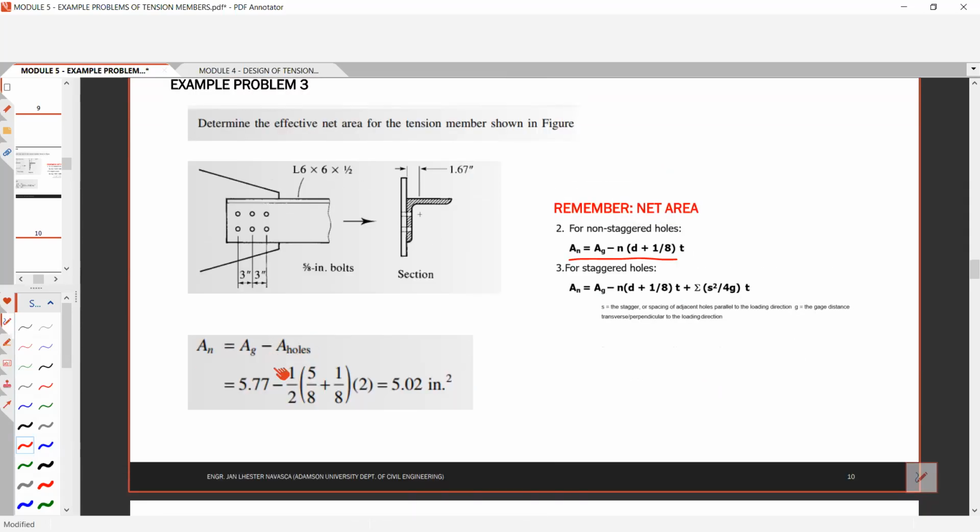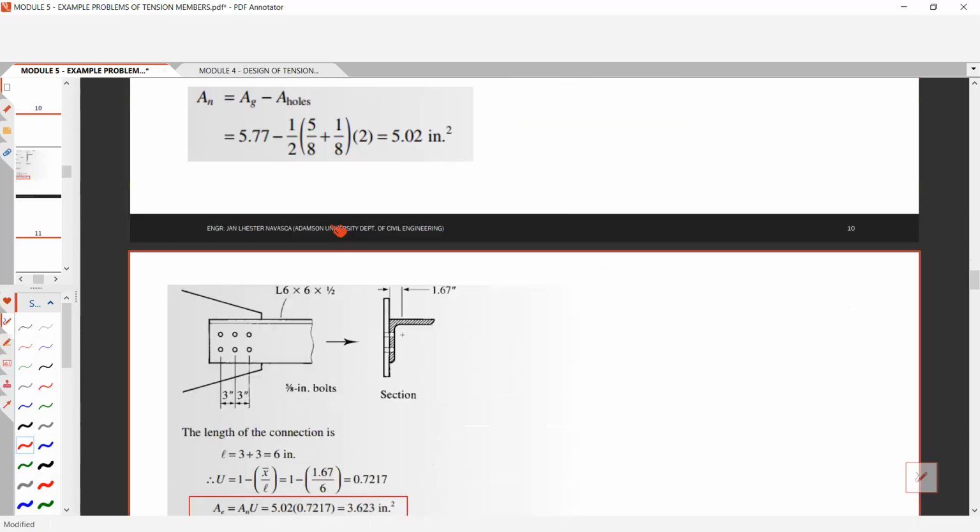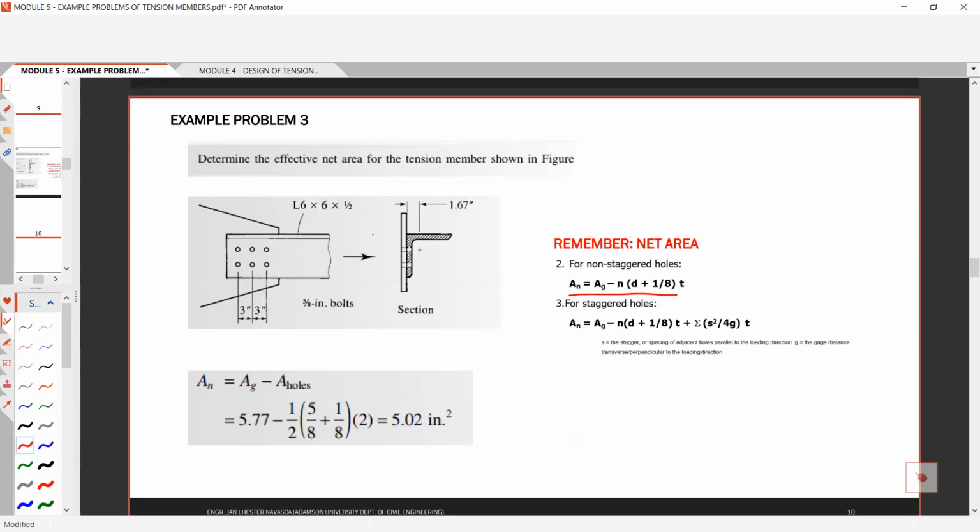For your AG, if you check the L6 by 6 by 1/2, the gross sectional area is 5.77 square inches. That is based on the steel section property for L6 by 6 by 1/2.